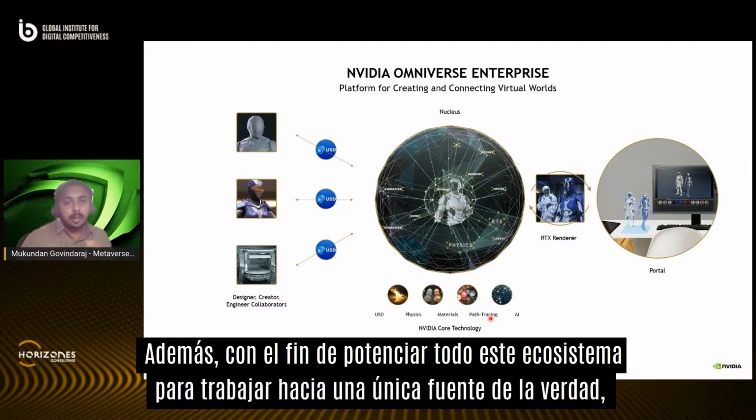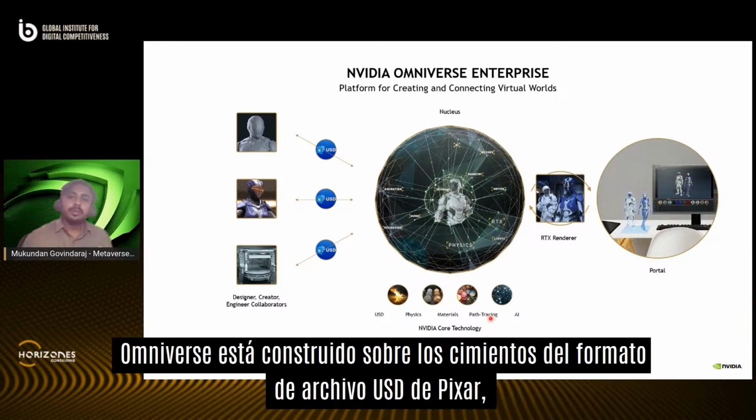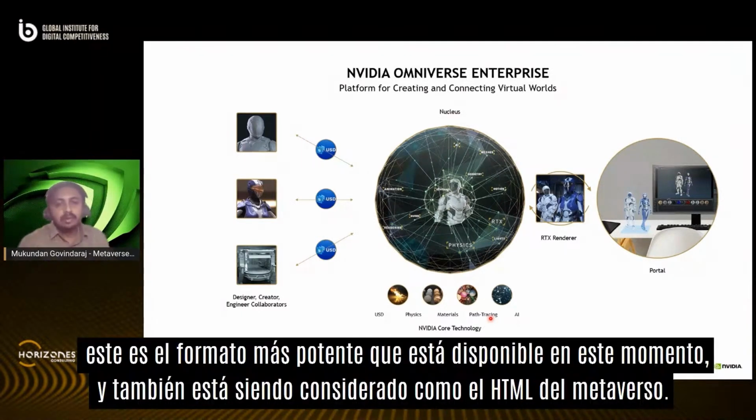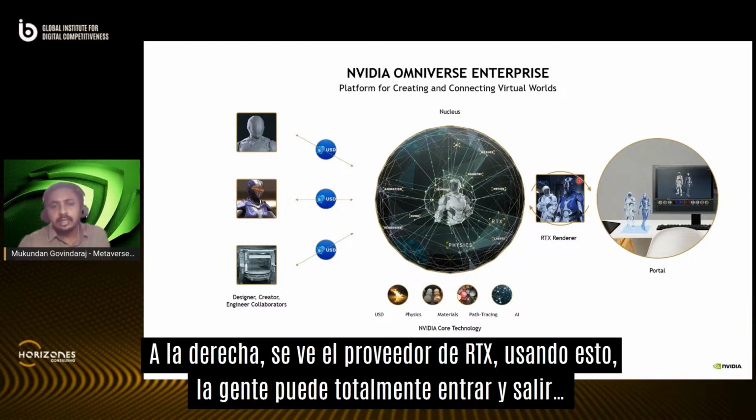Plus, in order to empower this entire ecosystem to work towards one single source of truth, the entire Omniverse is built on the foundations of Pixar's USD file format. This is the most powerful format available right now, and it's also being considered the HTML of the metaverse.